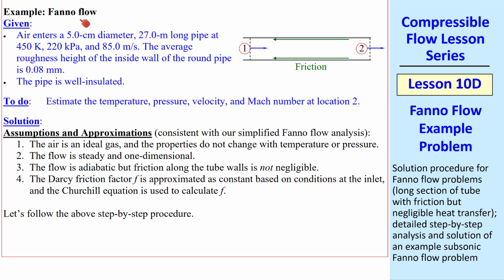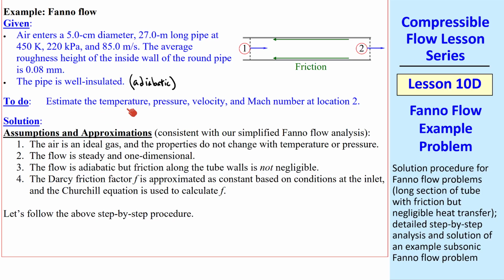And now I'll do my second example, a more general Fanno flow problem. We have air entering a pipe of known diameter and length, with temperature, pressure, and speed known at 1. We also know the average roughness height along the wall. The pipe is well insulated, from which we get our adiabatic approximation.